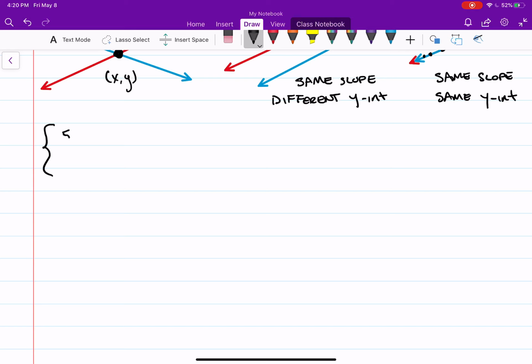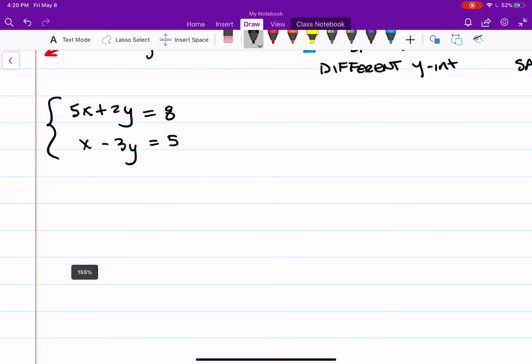Let's say it's 5x plus 2y is equal to 8, and the other equation is x minus 3y is equal to 5. I'm going to show you both substitution and elimination. So let's do substitution first.